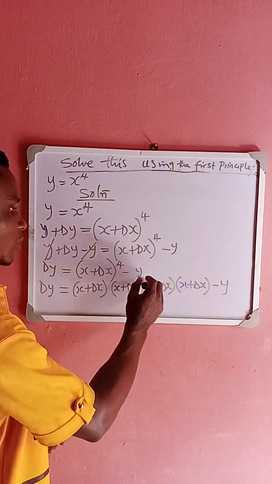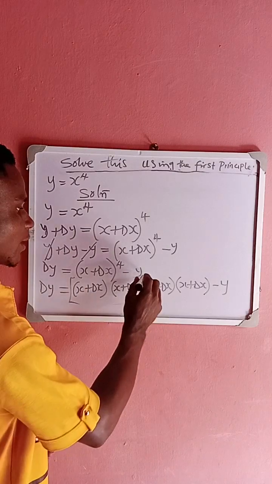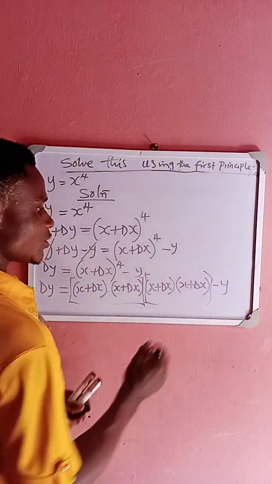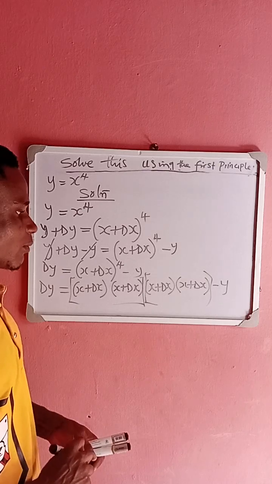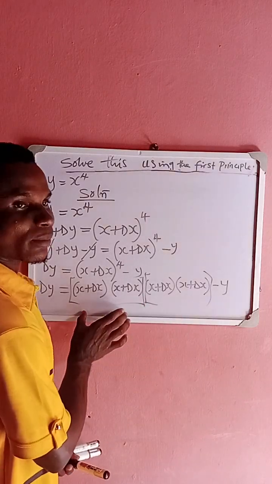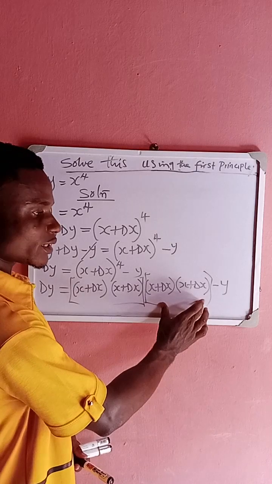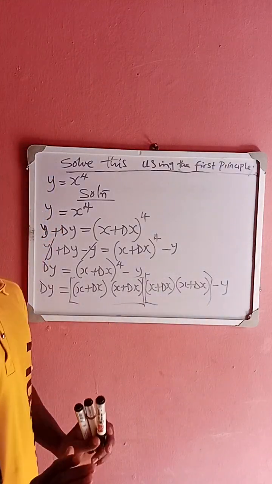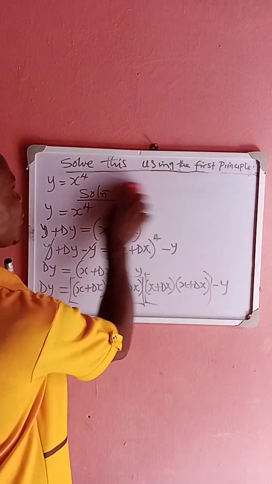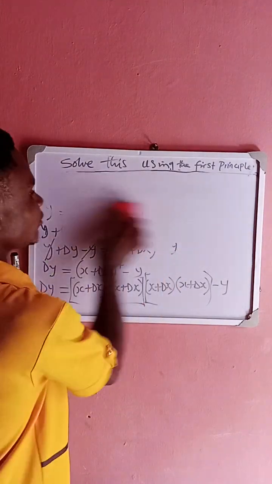We have to take 2 brackets at the same time and multiply out. You can also use the binomial method to solve, but for easy step, let's take this and multiply, and take this and multiply themselves. Then after we use this to multiply this to get our answer.